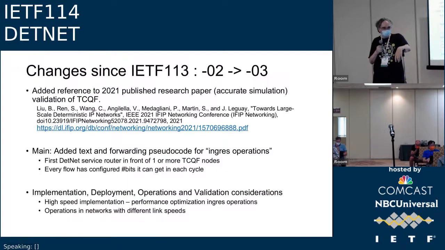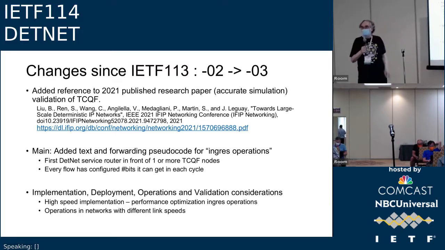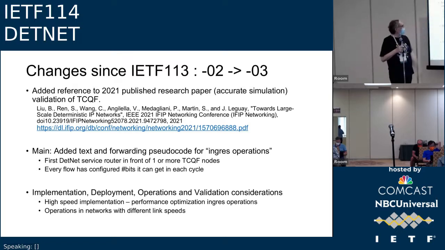Next slide. So what did we change since 113? We added a reference to the 2021 published research paper that shows all the gory details based on a highly accurate simulation, so it's a lot easier to do a lot of timing validation in the simulation. This is an IFIP conference paper, which means there is no paywall. The URL is here. We added text in forwarding pseudocode for the ingress operation.